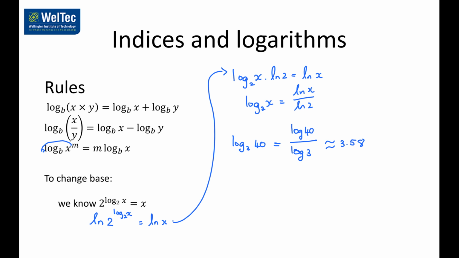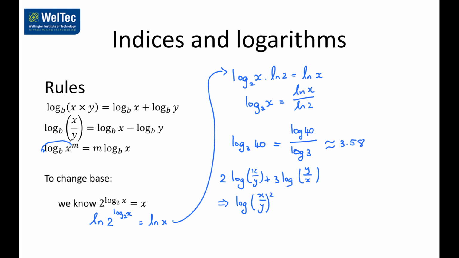You need to be able to manipulate logs as well. Let's have a look at 2 log x over y plus 3 log y over x. So what have we got there? Take the power of 2 up, so we've got log of x over y to the power of 2.